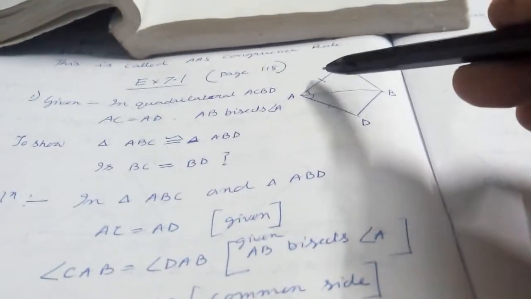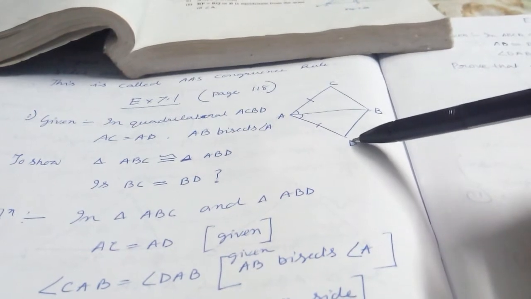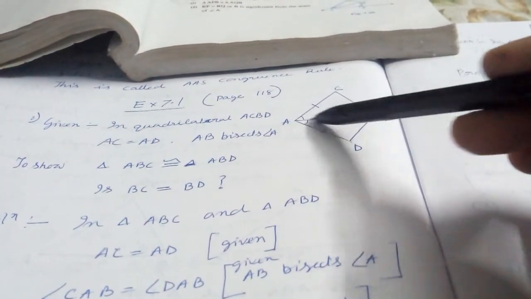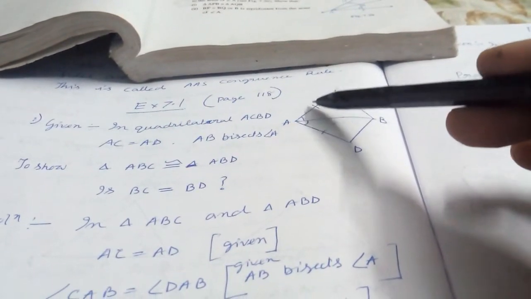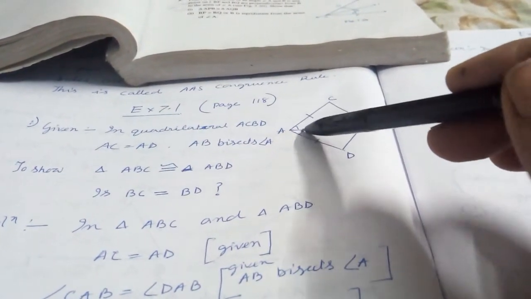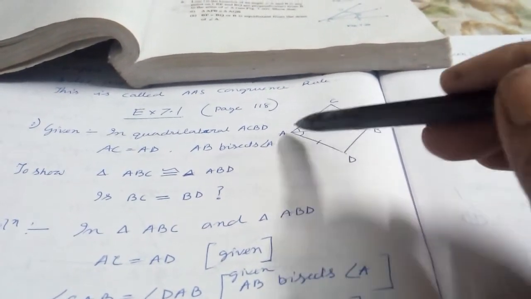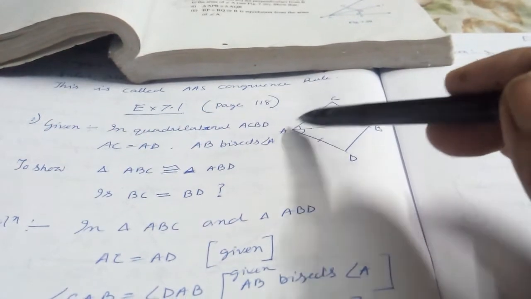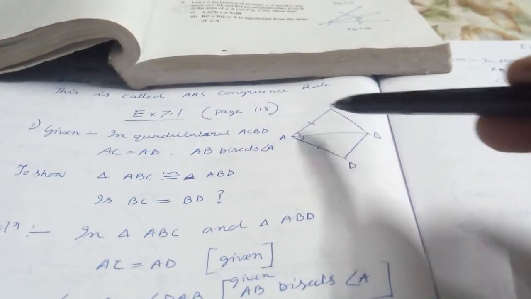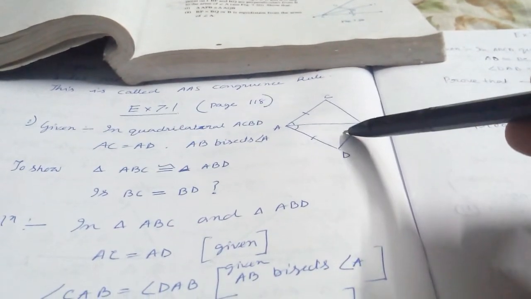Now we get that two sides AC and AD are equal and AB is common, and this angle and this angle are also equal. So by side angle side, we can say that these two triangles are congruent.